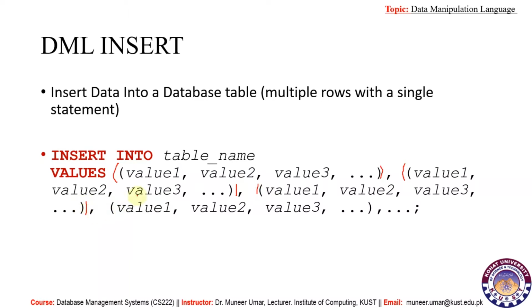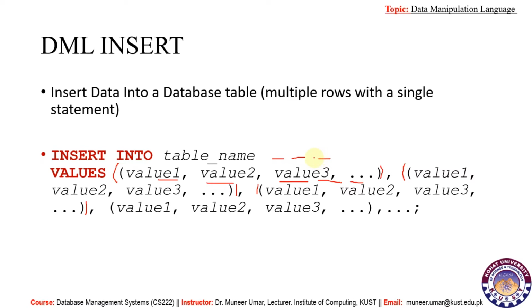So what we do actually, we use the same insert statement, and we may give the set of attributes just after the table name. Suppose we have 5 attributes and we need the data to be inserted into 3 attributes. So for that purpose, we must type the names of those 3 attributes here, separated by commas.